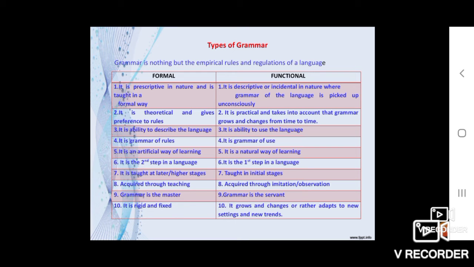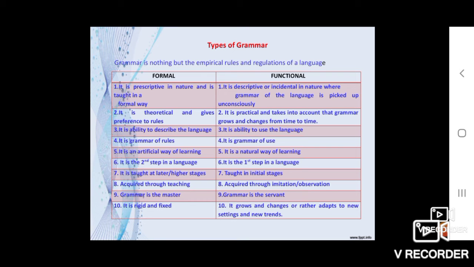Or you may say that if you are in India, in Maharashtra, and you want some grammatical operations to be done by the students, then the student can refer to any kind of books, whether they are in Tamil, or if the mother tongue of the student is different, it doesn't matter, but the grammar of the English language never changes. Whereas functional grammar is grammar of use. In what way we have to use the grammar?